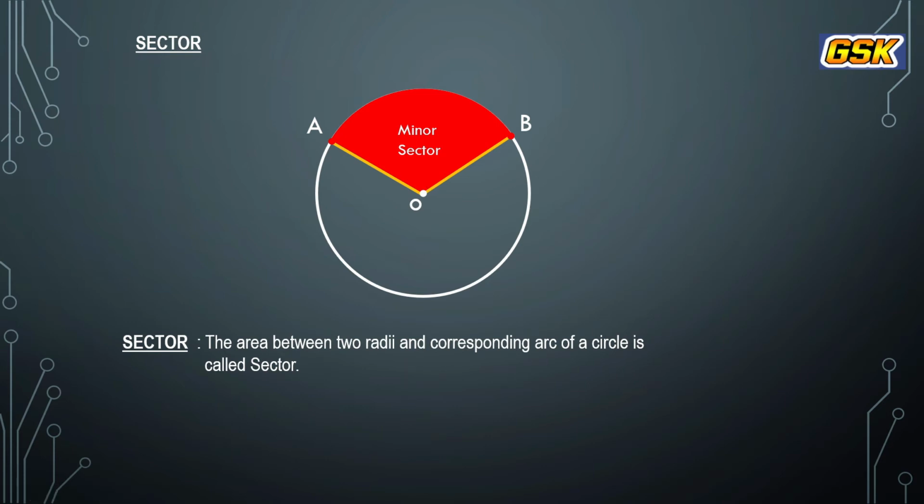We call it as minor sector. And the other portion is also enclosed with two radii and an arc. So we call it as major sector. Right? What is sector? The area between two radii and corresponding arc is sector.